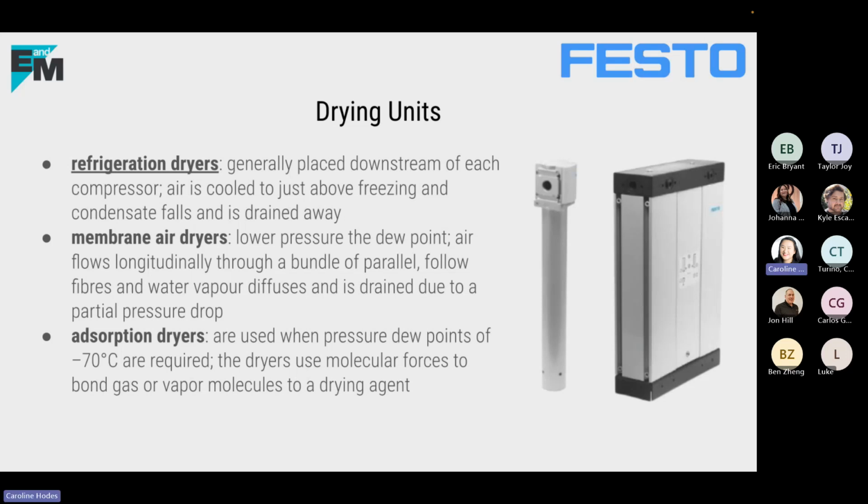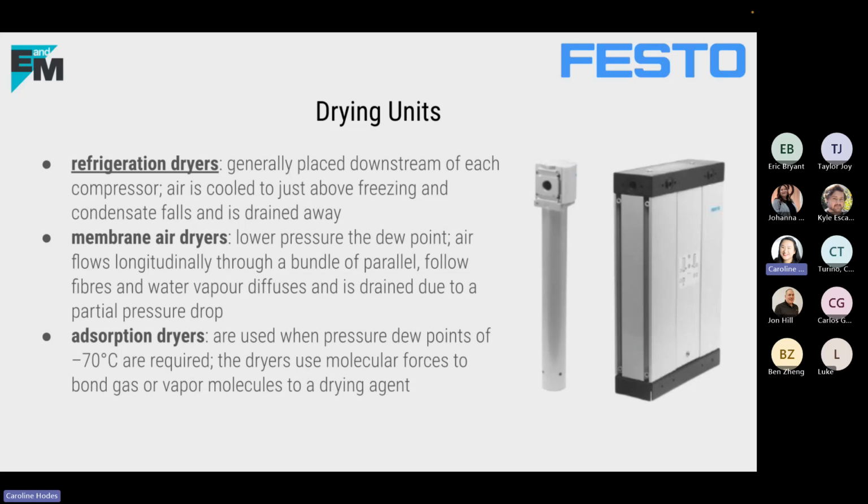Then for membrane air dryers, these will lower the pressure dew point, and the air will flow longitudinally through a bundle of parallel fibers. And the water vapor will diffuse and is drained due to the partial pressure drop.